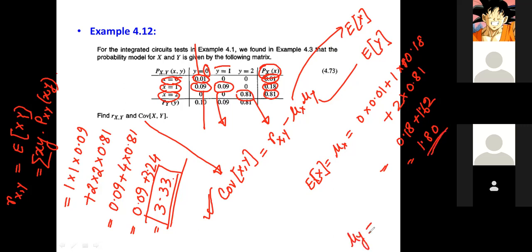Similarly, you can calculate mu y as well. Tell me, what is mu y? 0 into 0.1, 1 into 0.09, and 2 into 0.81.